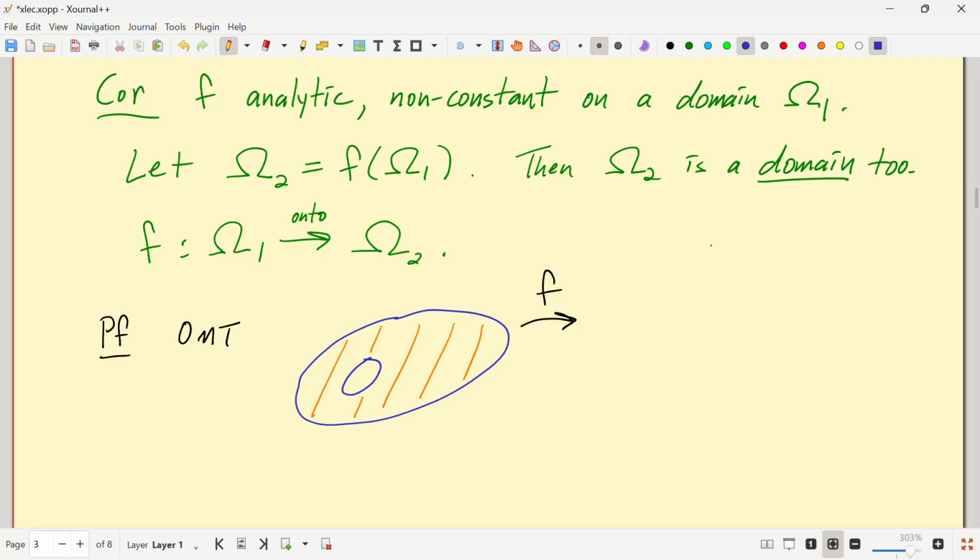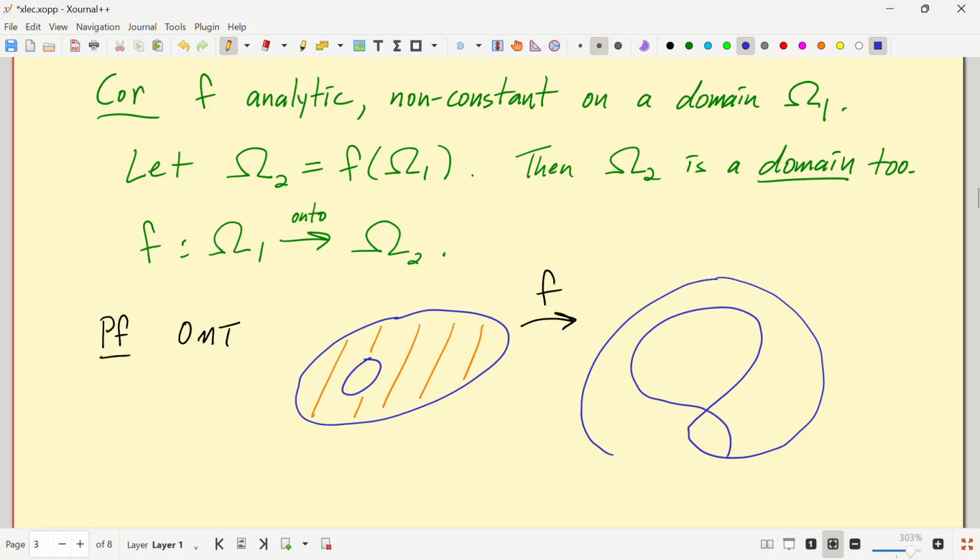And so it might do something weird like that. Here's that hole. So obviously the topology could get weird. It could add more holes, but at least I know the image is open. So this thing is open, check. That's the open mapping theorem.